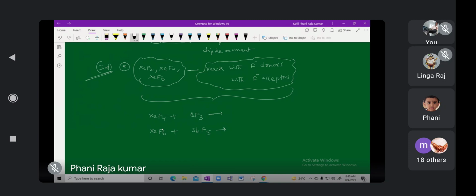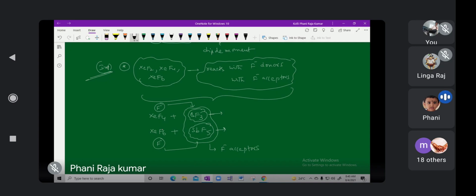BF3 and SbF5 can accept F minus ions, because for boron, maximum covalency is 4, for antimony, maximum covalency is 6. That's why in this case, XeF4 and XeF6 act as F minus donors, and BF3 and SbF5 are called F minus acceptors.